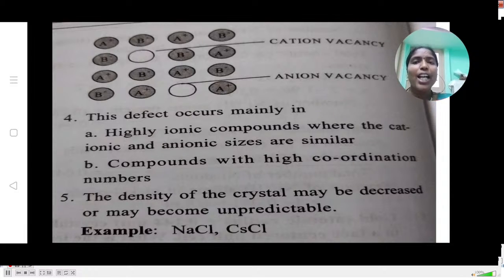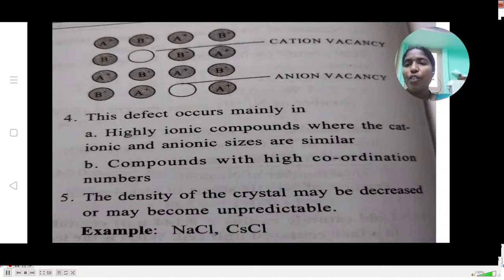This is one of the conditions for the formation of this type of defect. The second condition is compounds with high coordination numbers. For example, in cesium chloride the coordination number is 8, which is the highest coordination number.